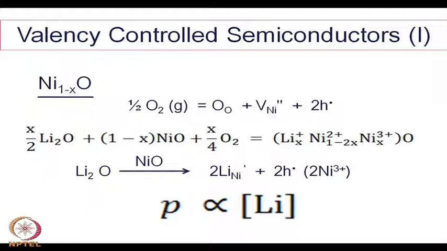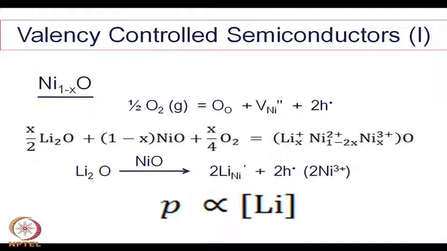In this case also, in oxides also, one can add certain impurities, add certain other oxides and make the conductivity constant. It can be independent of PO2, it can be independent even of temperature, and this is what we call the valency control semiconductor.